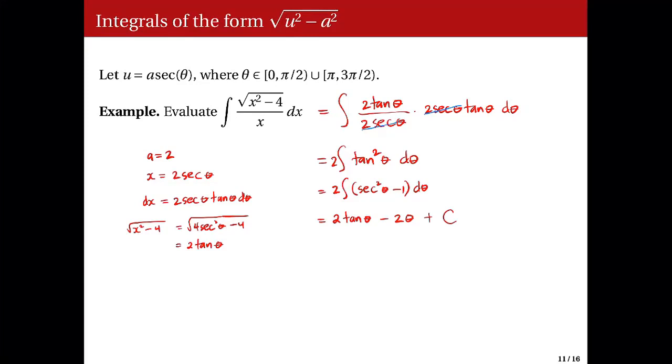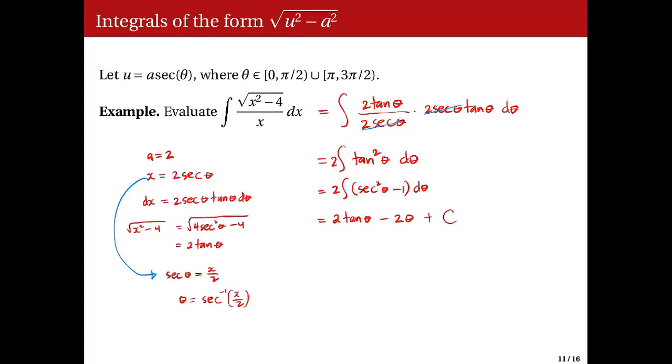And then from here, since we need theta, we can calculate theta from here. So we have secant theta equal to x over 2, or theta is equal to secant inverse of x over 2. Tangent theta can be calculated using this.